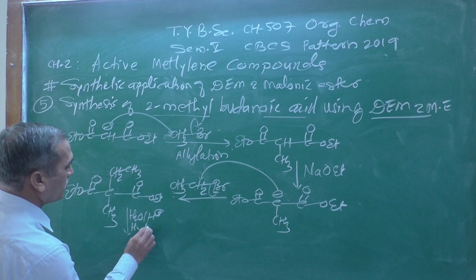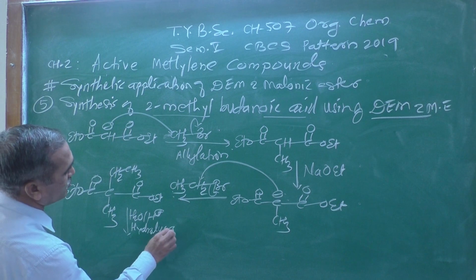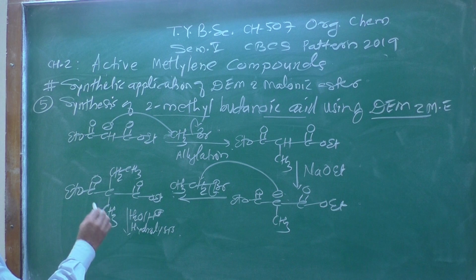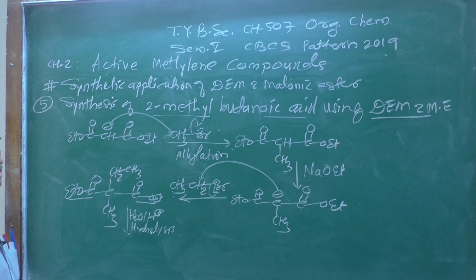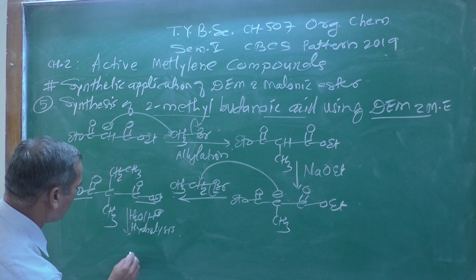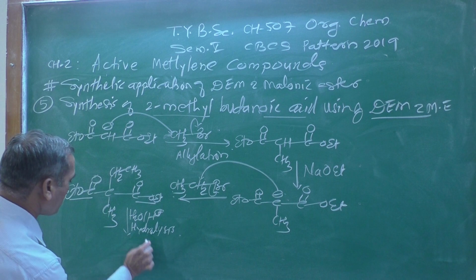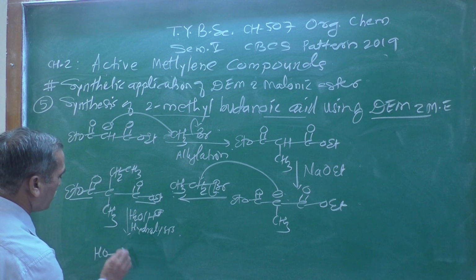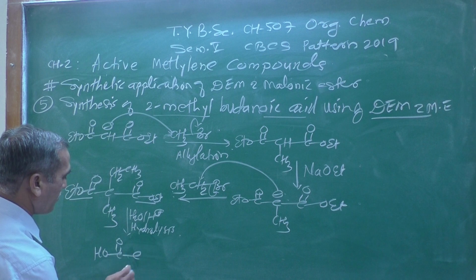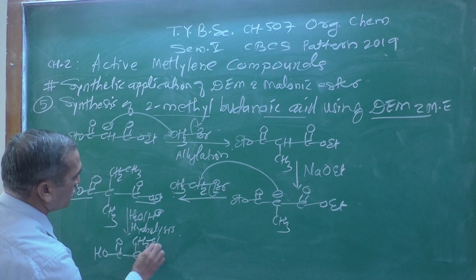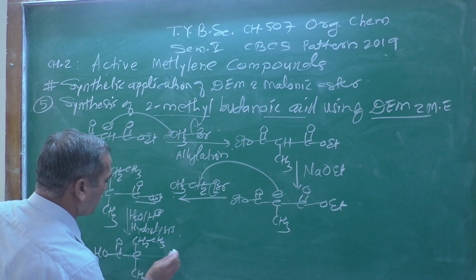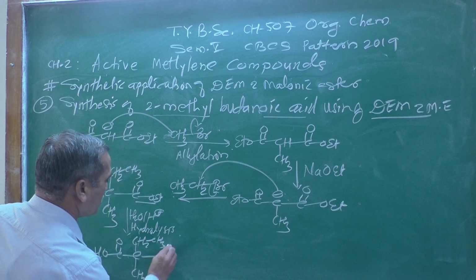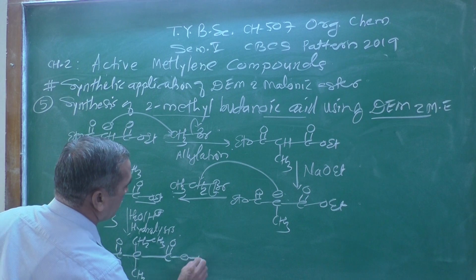Once you do the hydrolysis, it will convert the ester group into an acid, and you will end up with the product here, HO, then C double bond O, then here CH2CH3, at the bottom we can write CH3, and here also C double bond O and H.